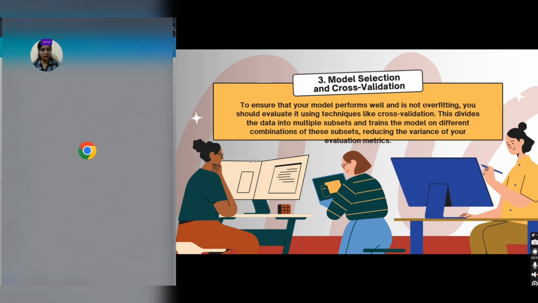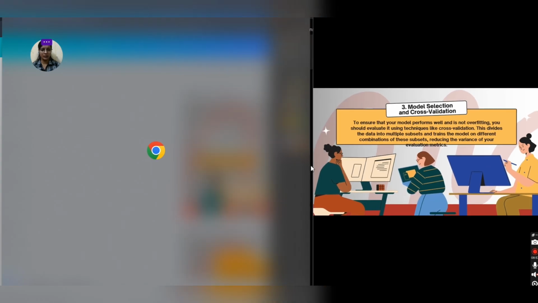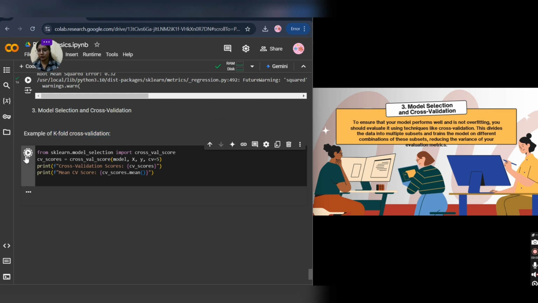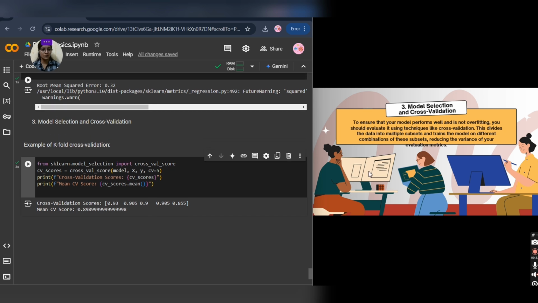Now let us try running code for model selection and cross validation. An example of model selection is k-fold cross validation. Let us run this code. The cross validation scores are 0.93, 0.905, 0.9, 0.9, and the mean CV score is given as 0.898999. So this is the value for the cross validation.